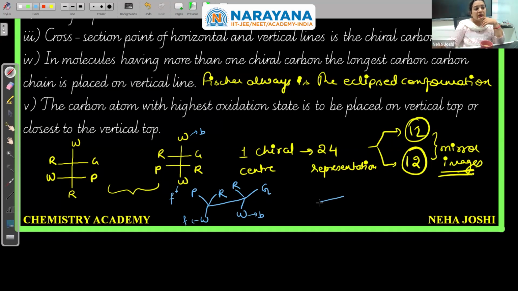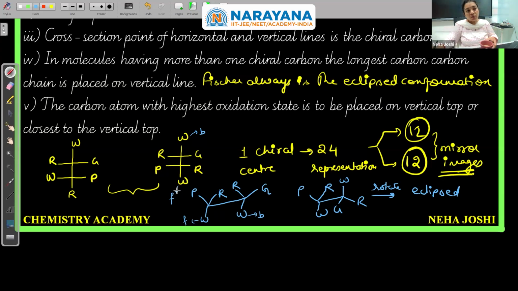Why I'm saying this? When they give you some random arrangement like this, okay, you cannot convert it directly to the Fischer. First, you rotate it to eclipsed. And then only you can have the structure drawn.